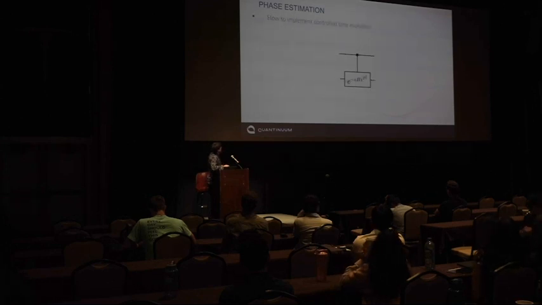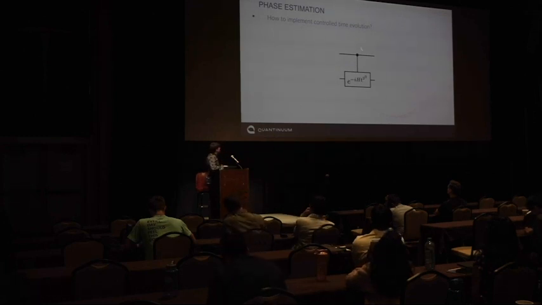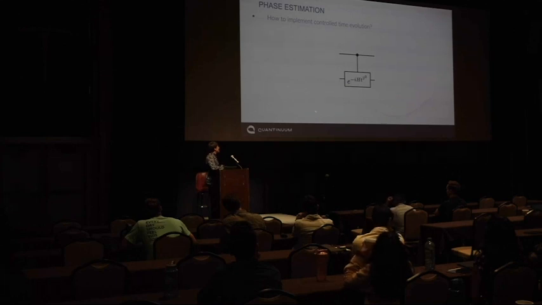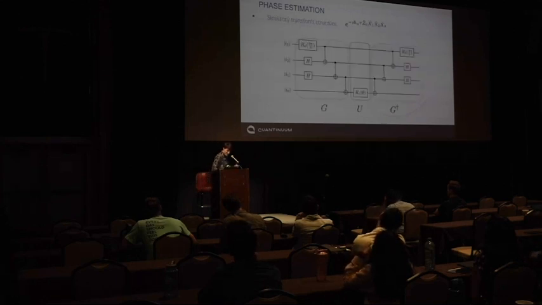But the problem is, how do we apply these controlled unitaries? You might see this in a textbook, and this is one of the big problems I have with the field: people just label controlled oracles, things like that, and implementing these is really complicated, and there needs to be a lot more research into it. This goes back to the Pauli gadget that we saw before.